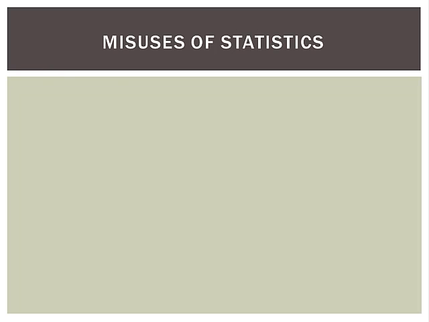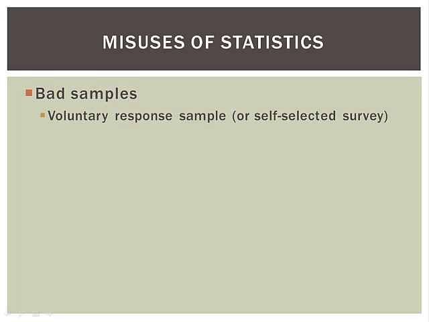Okay, misuses of statistics. In general, we have bad sampling techniques. And the biggest one that we see in newspapers and online surveys is the voluntary response sample or self-selected survey. You've seen these. They pop up a survey and say, what do you think about the new road widening that's coming through this neighborhood?